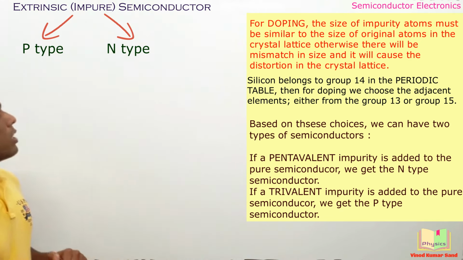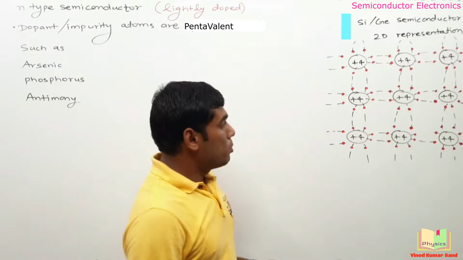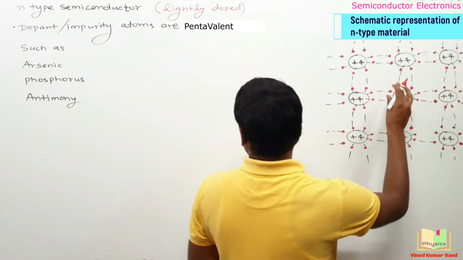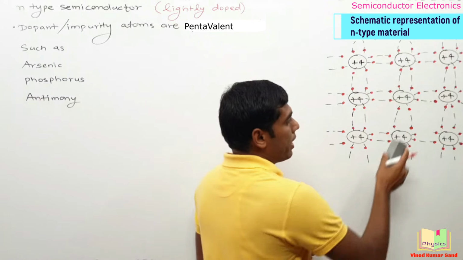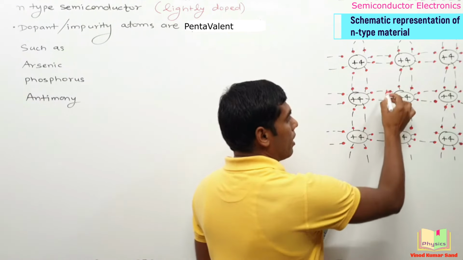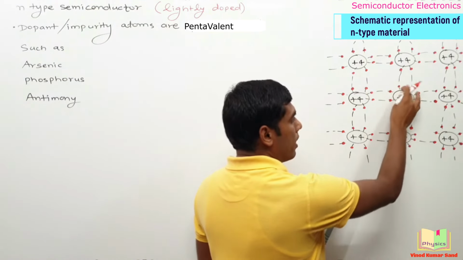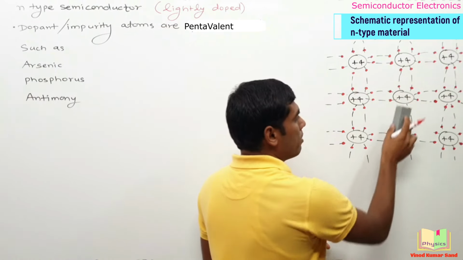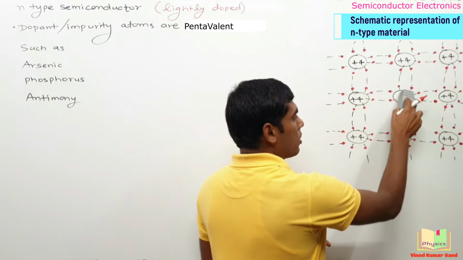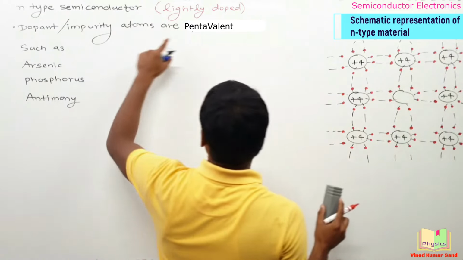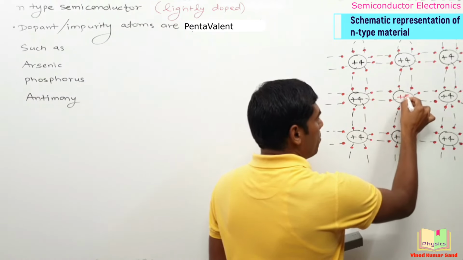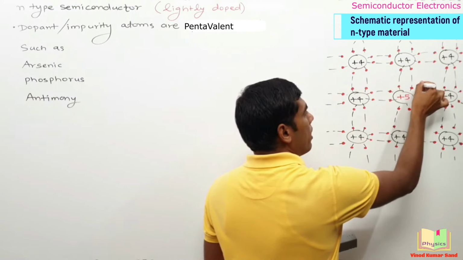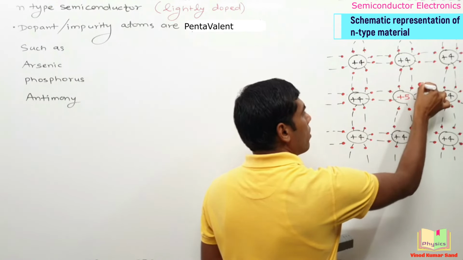So now we will talk about the N-type semiconductor. A silicon atom is replaced by an arsenic, phosphorus or antimony atom here. Pay attention. Earlier the octet was complete and this silicon atom has been removed, and at its location we bring a pentavalent impurity atom. So in the pentavalent impurity atom there will be one extra electron.